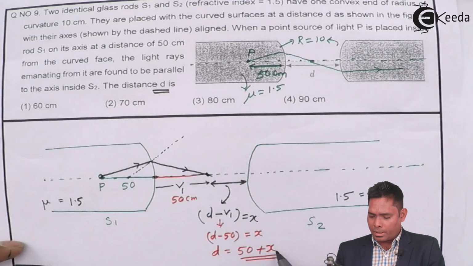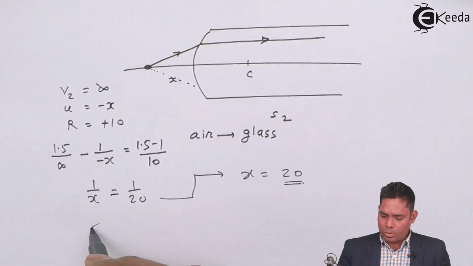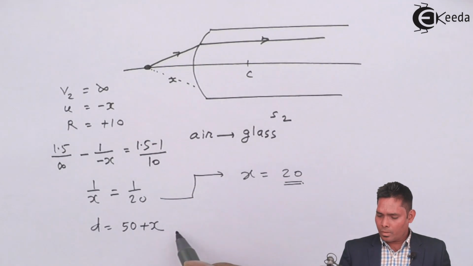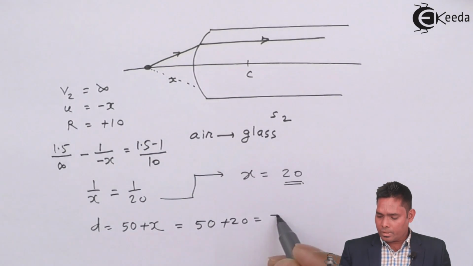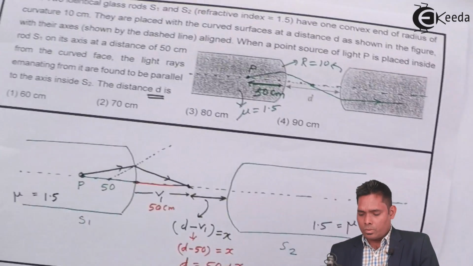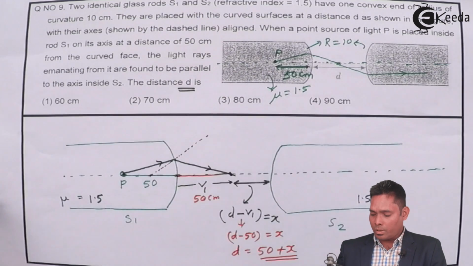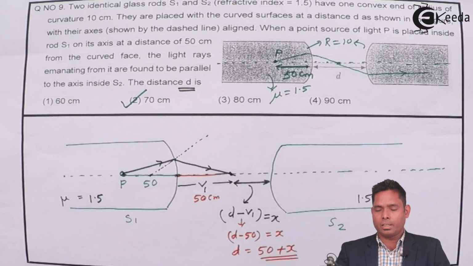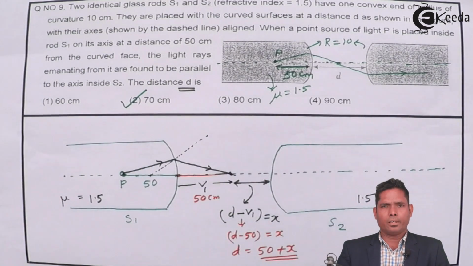So d equals 50 plus x, that is 50 plus 20, it is 70 centimeters. So the correct answer for this will be option number 2, which is 70 centimeter. Okay, thank you.